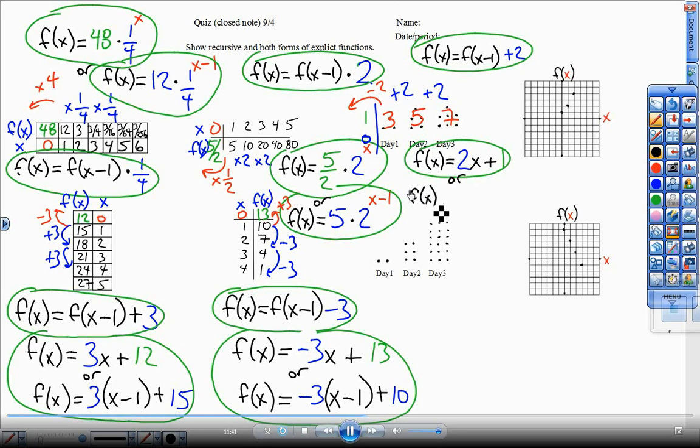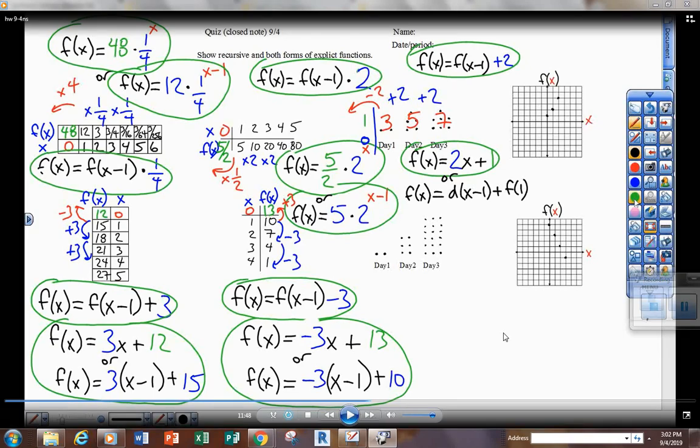If I want you to use the f1 term, that's d times x minus 1 in parentheses plus the function at the first term. Replace that d with 2. Replace f of 1. Again, sorry about that little glitch. I'm back. But again, replace that d with the 2. And replace that f of 1 with 3.